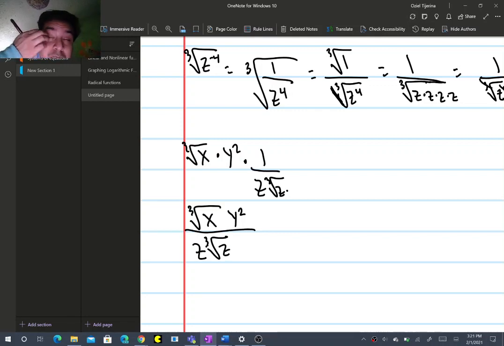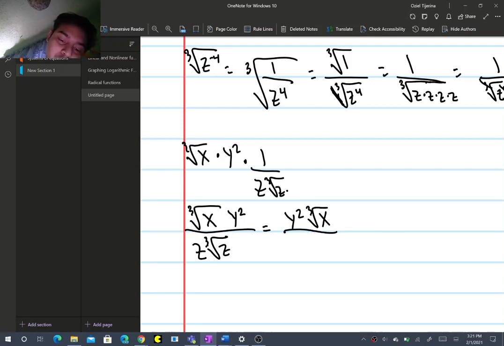Or we can also say that's equal to y squared cubed root of x over z cubed root of z.